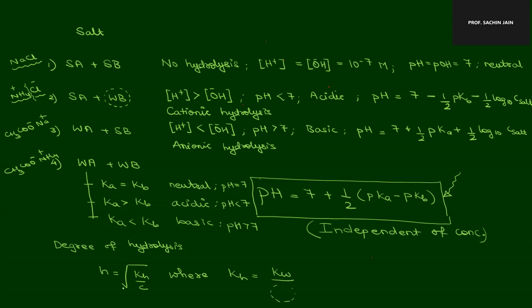For example, if we consider case 2, the hydrolysis constant would be given by Kw upon Kb of the weak component. So Kw by Kb, and now root of Kh by C will give you alpha.